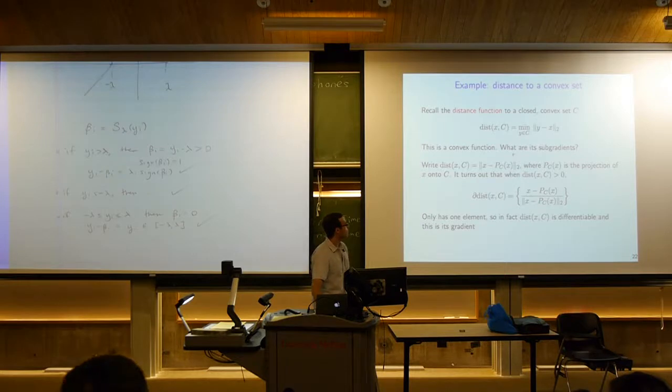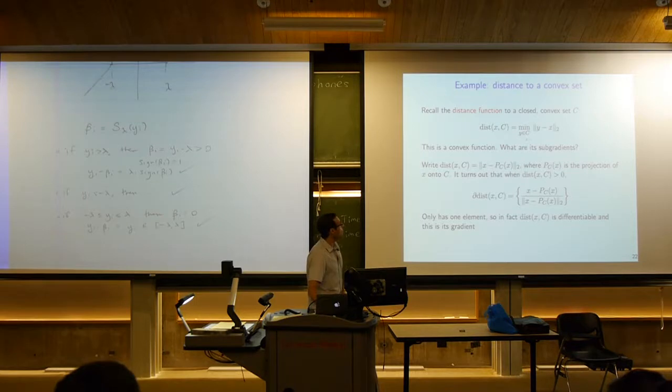Okay, and in fact, there's a pretty interesting thing that comes out of this subgradient calculation, which is that we can show that actually this distance function is differentiable. It's differentiable whenever the point x that you're looking at is outside of the set, whenever it has a positive distance to the set.